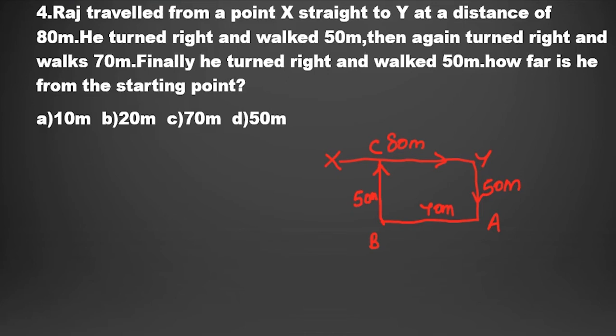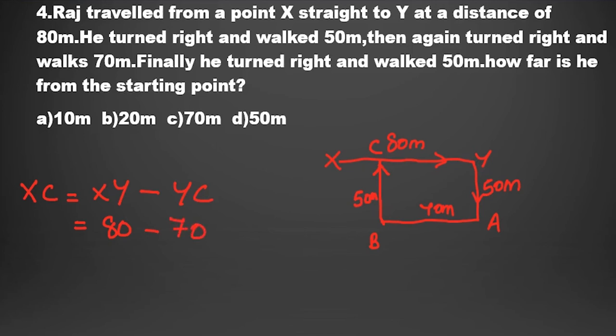We know that the distance from the starting point X to the final point C, XC is equal to XY minus YC. XY we know, 80, minus YC we know, 70.